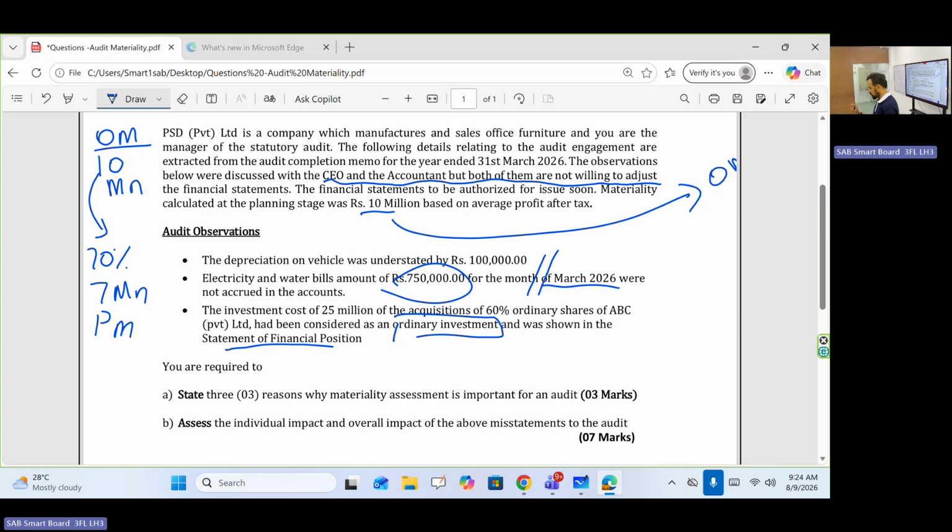In this scenario, the criteria is that controlling power will be determined based on the ownership and the directors' decision-making power. Let's say in PQR company, A company invested 45%, B company invested 35%, and C company invested 20%. There is no majority shareholding; 45 and 35, but no more than 50%.